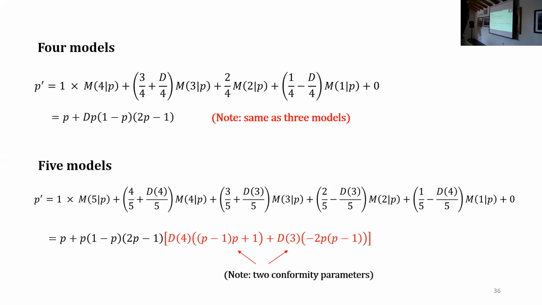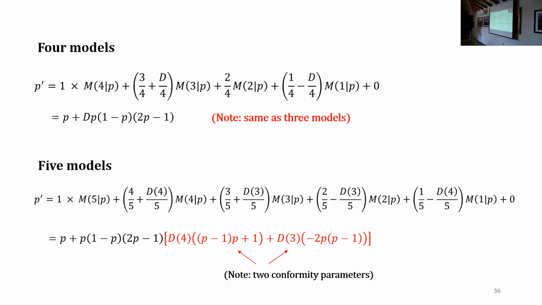Transmission from non-parents in the parental generation. Now what you notice here is that with 4, you get exactly the same dynamic as you had before. With 5, you can't write it down in terms of 1 conformity parameter. You need at least 2. So we put in 2 conformity parameters.